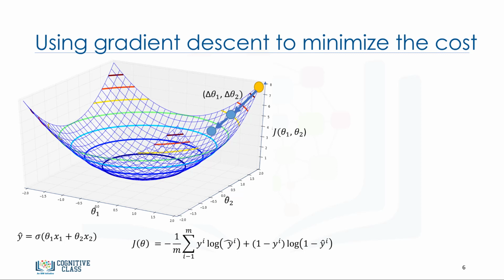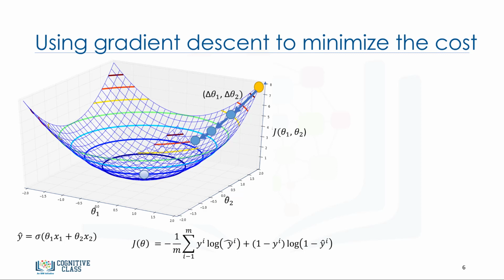The steeper the slope, the further we can step. And we can keep taking steps. As we approach the lowest point, the slope diminishes, so we can take smaller steps until we reach a flat surface. This is the minimum point of our curve and the optimum theta 1, theta 2. What are these steps really?